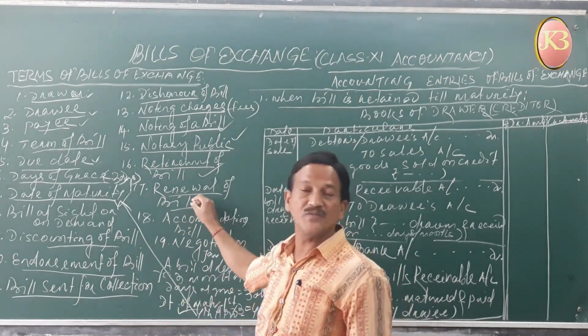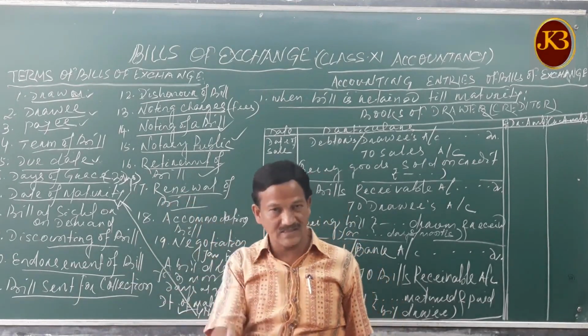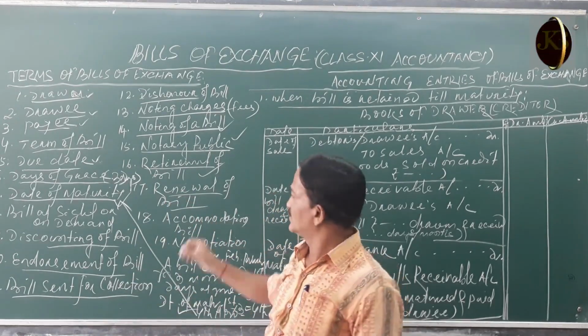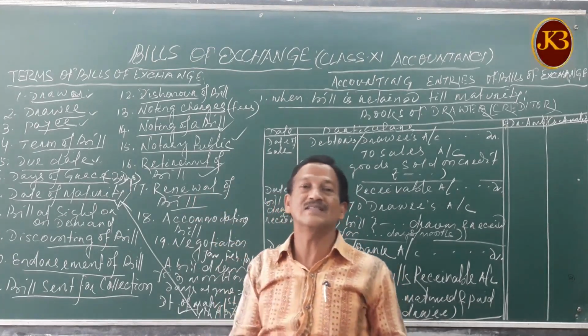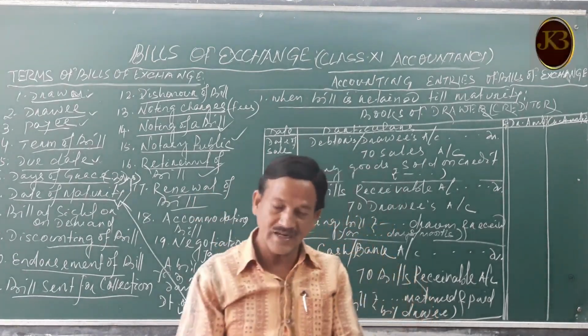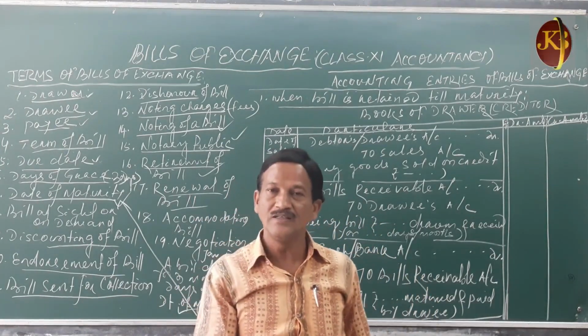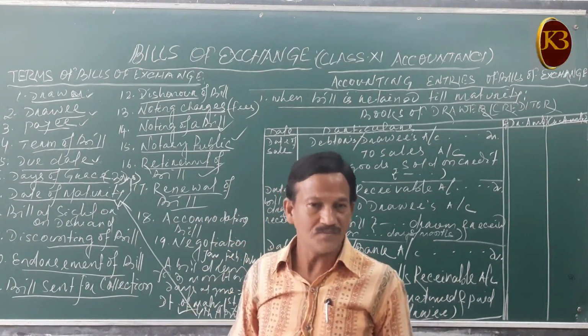For that extension of time, he may be charged and pay certain interest. So this is called a renewal of the bill. That means the old bill is cancelled, giving extra time, and a new bill is drawn.